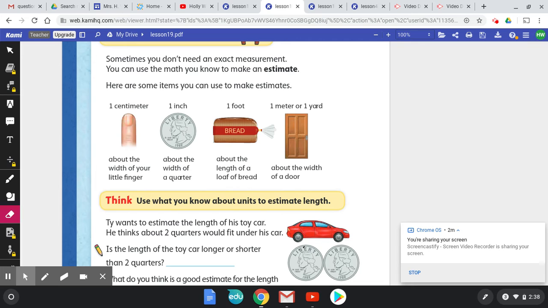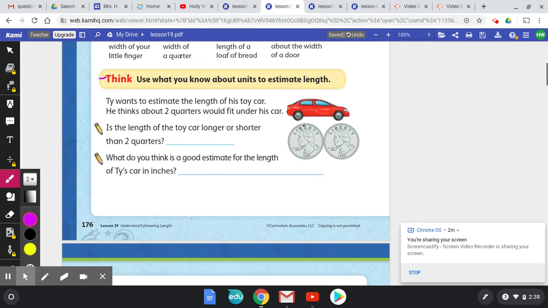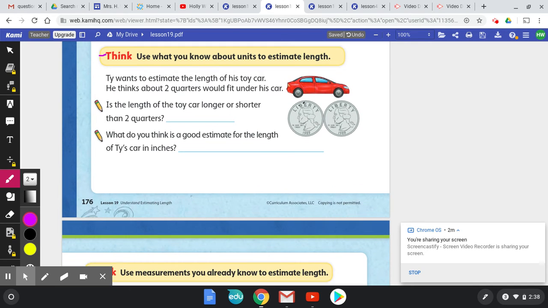So it says think. Use what you know about units to estimate length. That's good guesses. So Ty wants to estimate the length of his toy car. And he thinks about 2 quarters would fit under his car. And you see they have a picture here. And they've lined it up pretty well, because if you were to draw down, they've got the end of the car starts about the widest part.